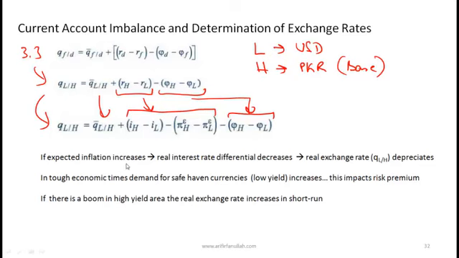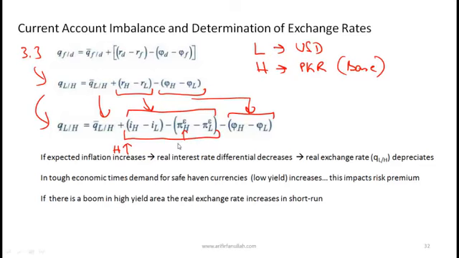If expected inflation rate increases, so let's take a situation where the high yield currency, which is the Pakistan rupee, if this currency, if the expected inflation goes up, then what will happen? If expected inflation goes up in the high yield currency, that means this number over here goes up. If this number goes up and all else equal, given that we have a minus sign over here, the real interest rate difference will go down.